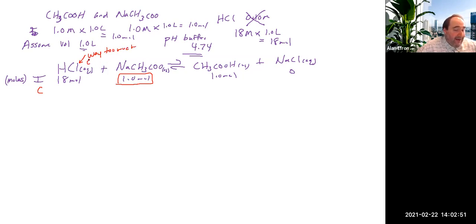This now becomes our excess reagent, and it turns this part of our buffer into the limiting reagent. So the change would be -1 here, because you couldn't do -18. Otherwise, you would end up with negative moles, and you can't have that.